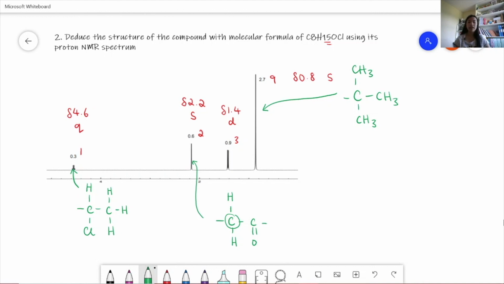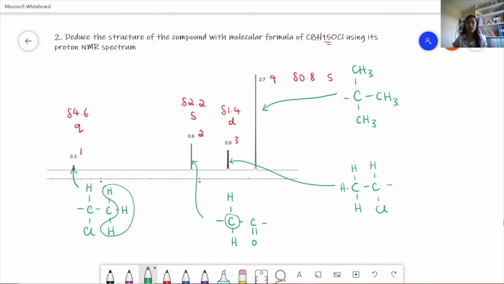And then finally, looking at this doublet here, this actually refers to the 3 hydrogens here. Because if I have CH3 and then CH and then Cl, for the 3 hydrogens, because there's a hydrogen on the carbon next door, we form a doublet peak, and we have 3 of the hydrogens in this environment.